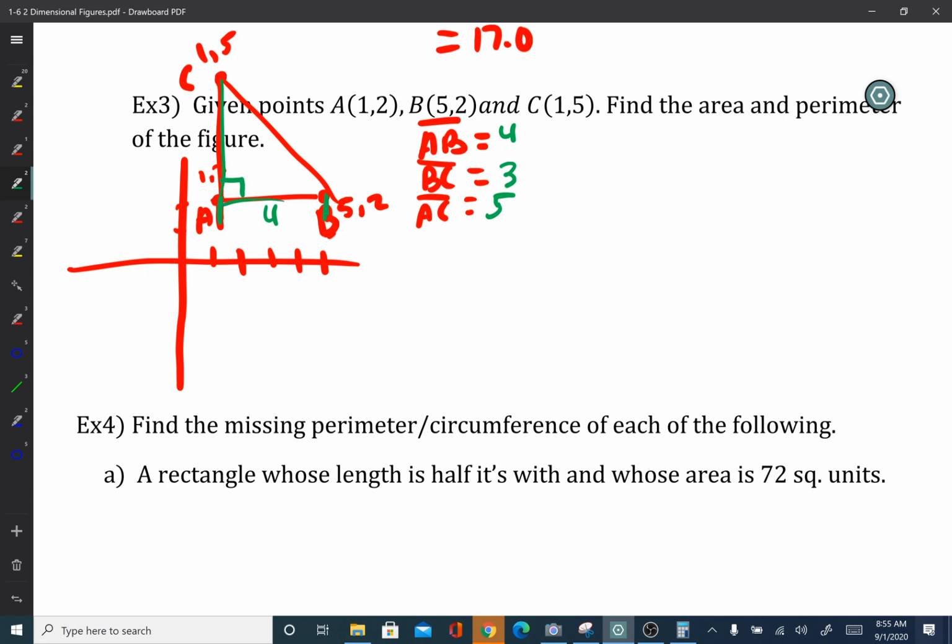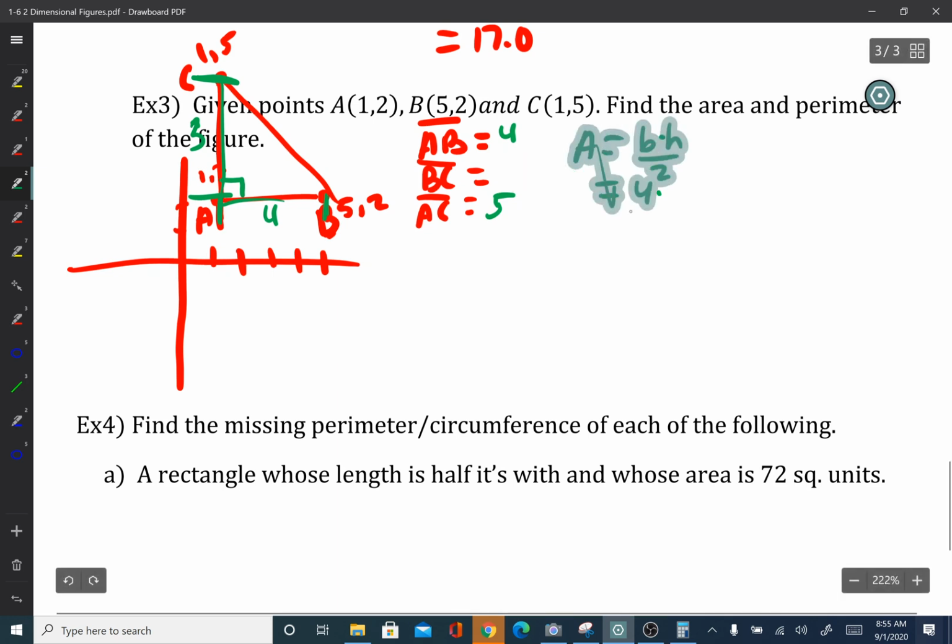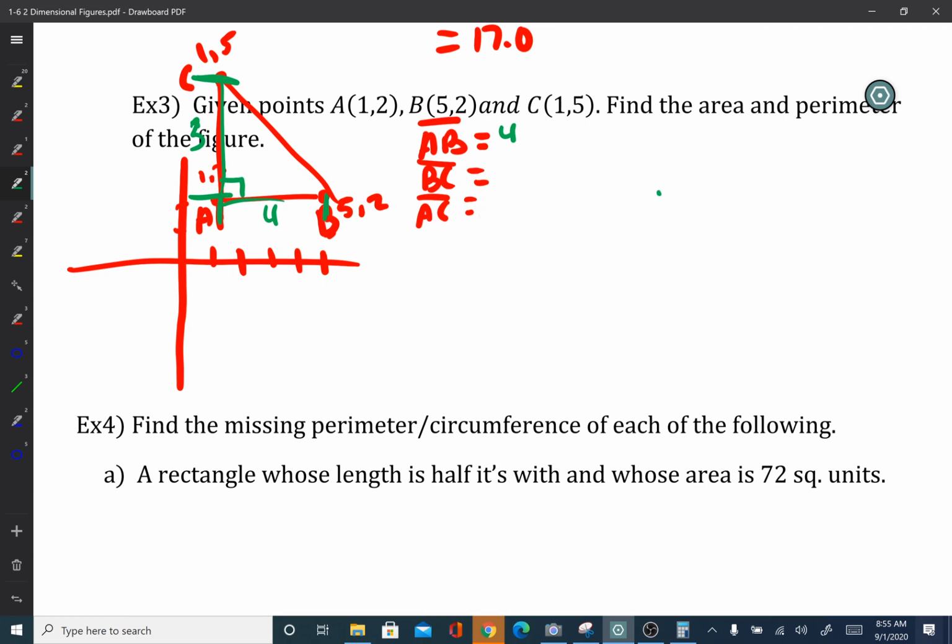All right, pretty easy. Area. Area is going to be base times height divided by 2, or 1/2 base times height. The base is 4. The height is this distance right here. So this is 3. I feel like I made a mistake. Oh, you know what? Ah, it's not 5. It would have been much nicer if this was 5. Let me see.